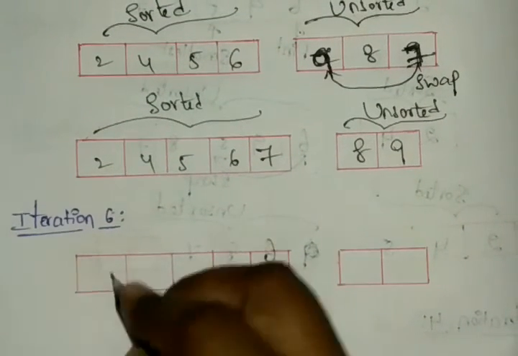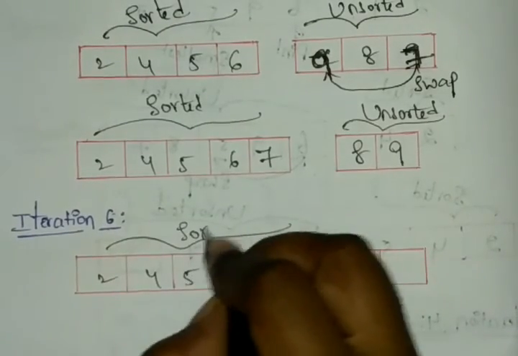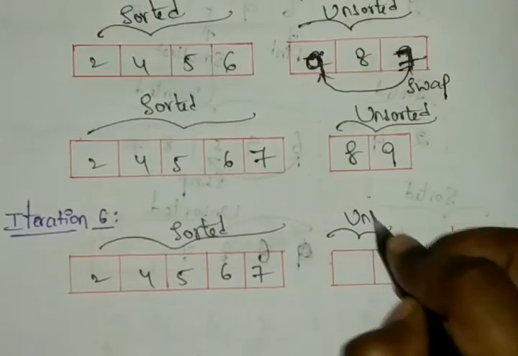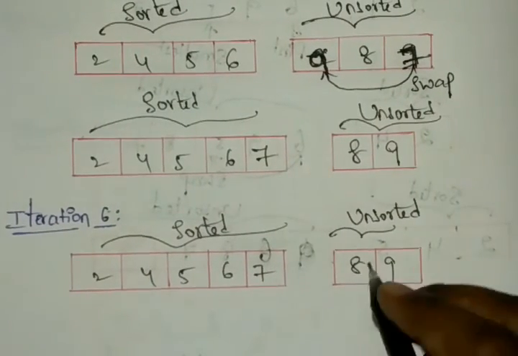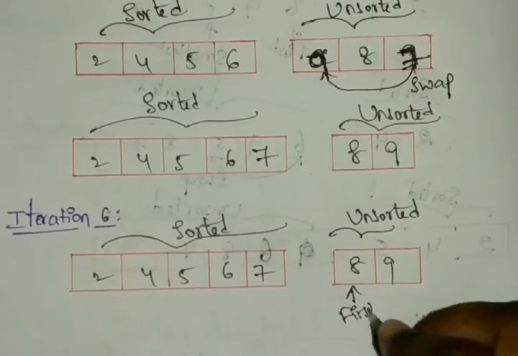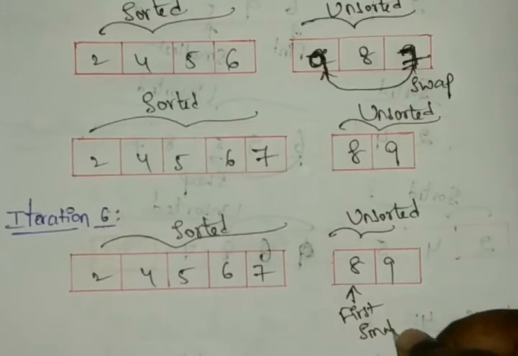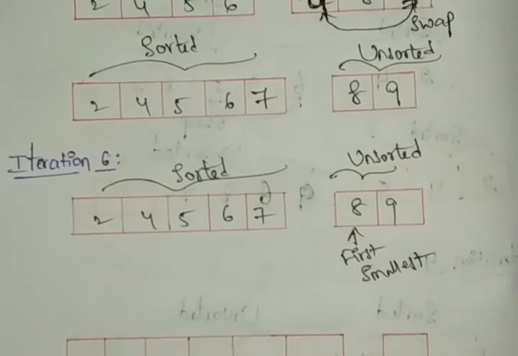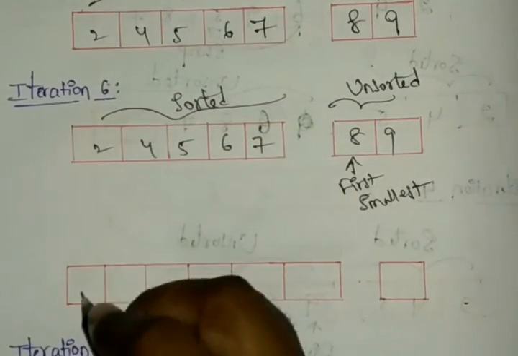Now we have the sorted elements, the 5 elements, and we have unsorted elements, the 2 elements. So this is the first element in the list, and also we can compare, this is the smallest one only. So then it is moving to our sorted list now.